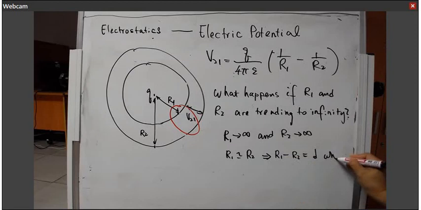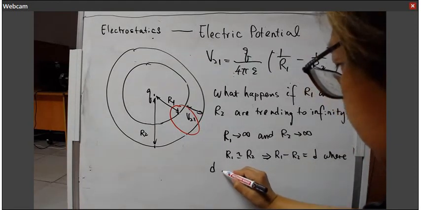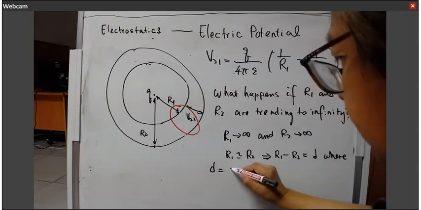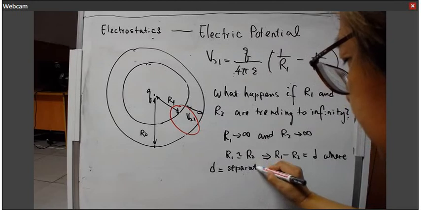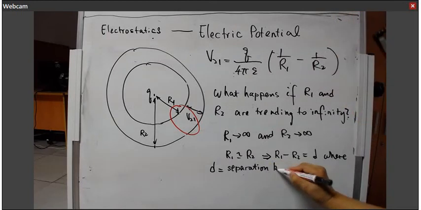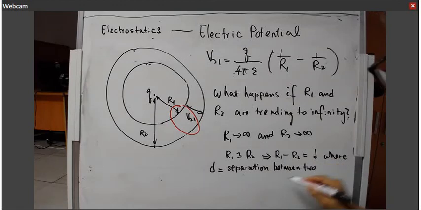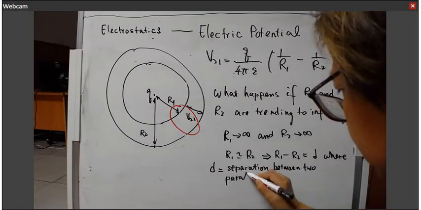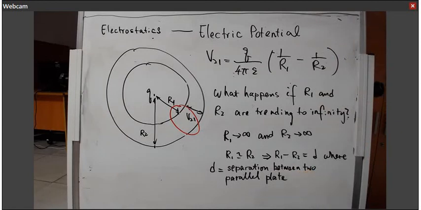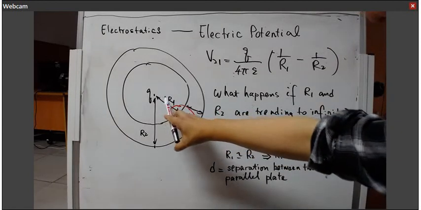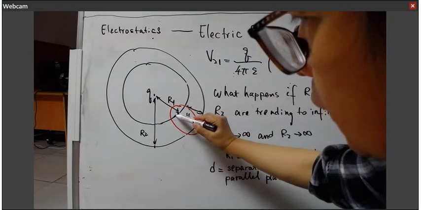Where this d is equal to the separation between two parallel plates. Because R1 is infinity, the curvature here will disappear.